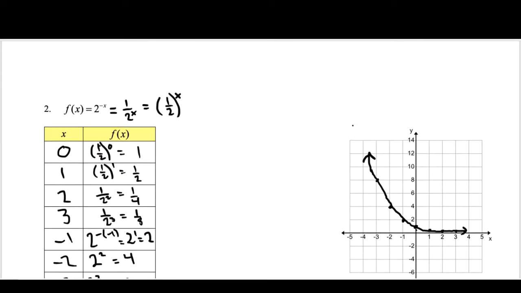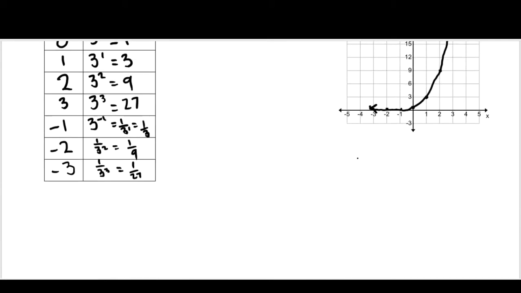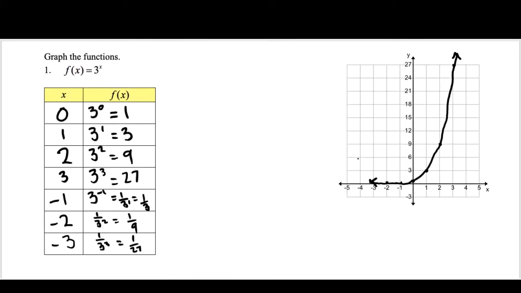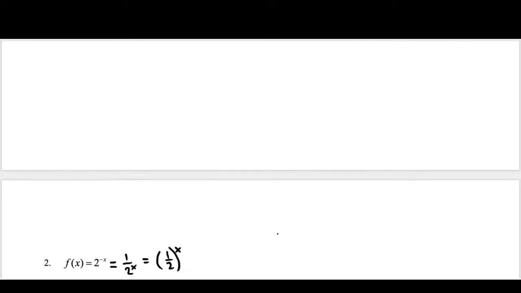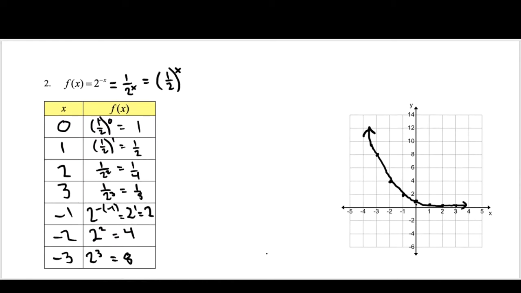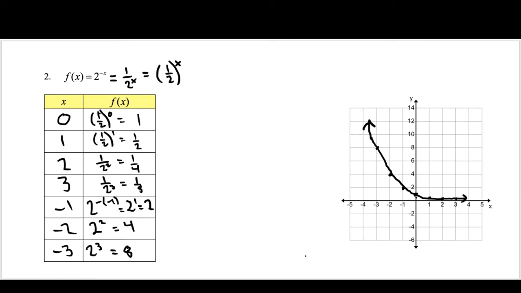Whereas in the previous one up here, this is a very typical graph of an exponential function where the base is a number greater than 1. In this case, the base is 3. So if the base is greater than 1, the graph is going to be increasing everywhere. And if the base is between 0 and 1, then it will be decreasing everywhere, like this.